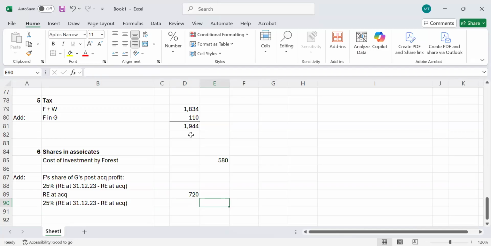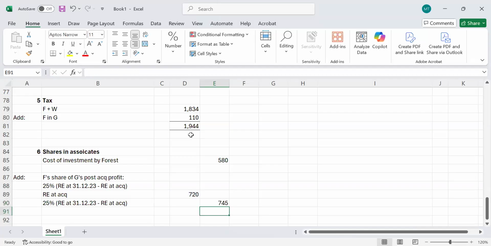All right, so start with retained earning at 31st of December 2023, which is given as 3.7 million, minus, we have already calculated retained earnings at acquisition. We are only interested in 25%, which would be 0.25.